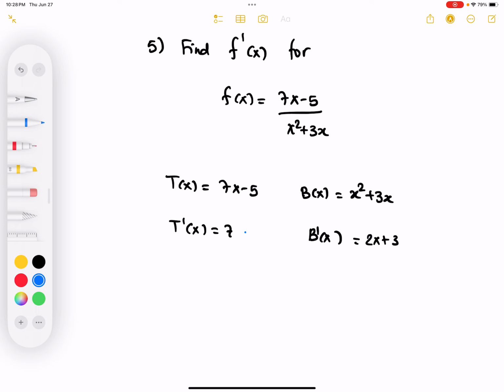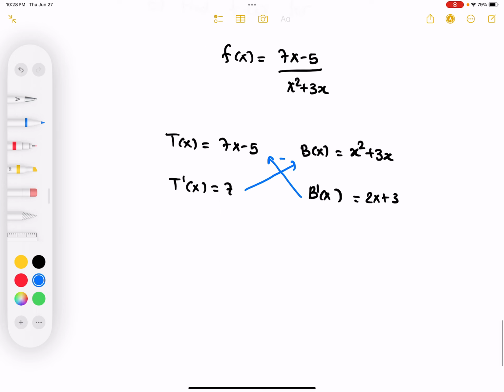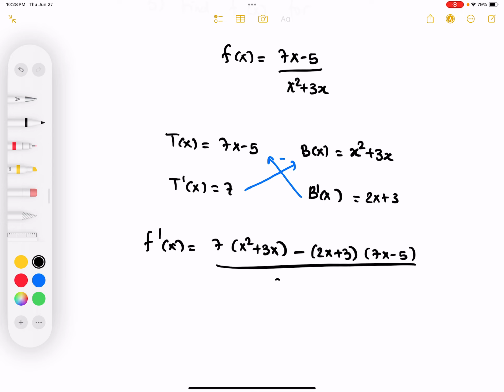Now multiply this one, minus, and the square of the bottom one. Therefore, the derivative of this one is 7 multiplies x squared plus 3x minus the derivative of the bottom one, 2x plus 3, times 7x minus 5, divided by x squared plus 3x the whole square.